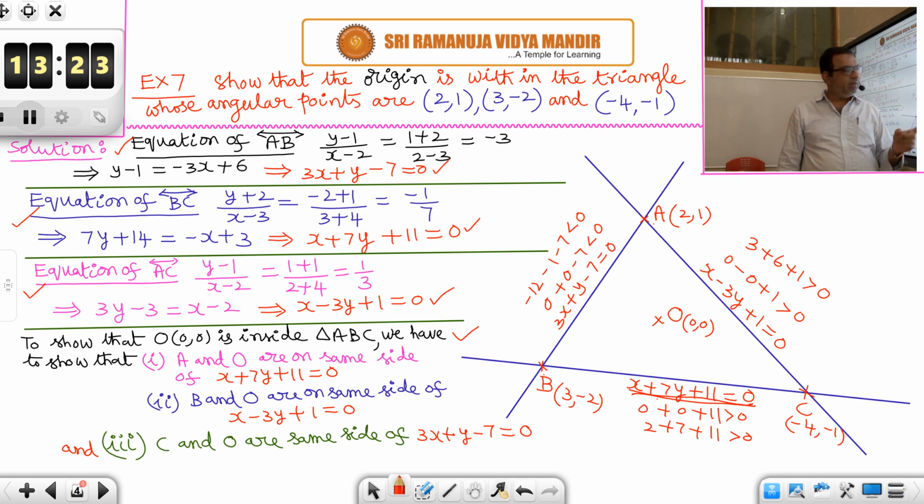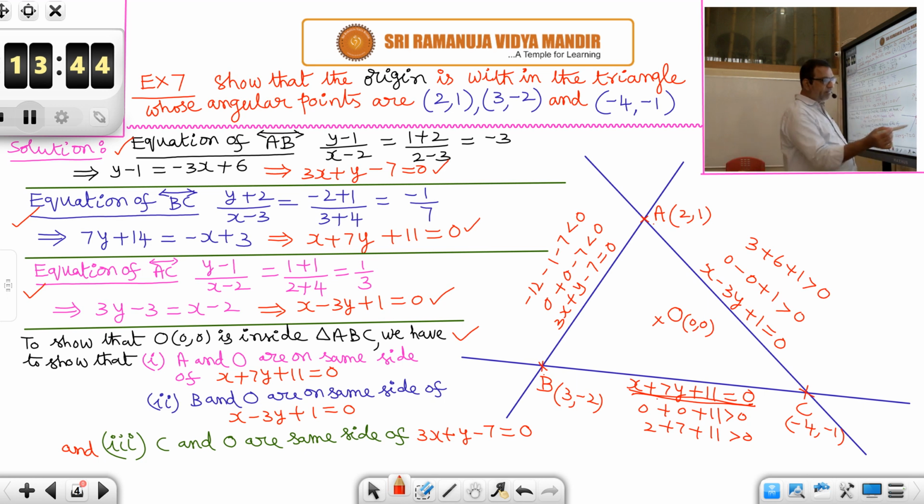If both of them are positive or both of them are negative, it means that they are on the same side of the line. If you substitute one point and get a positive value, and the second point gives a negative value, it means they are on opposite sides of the line.